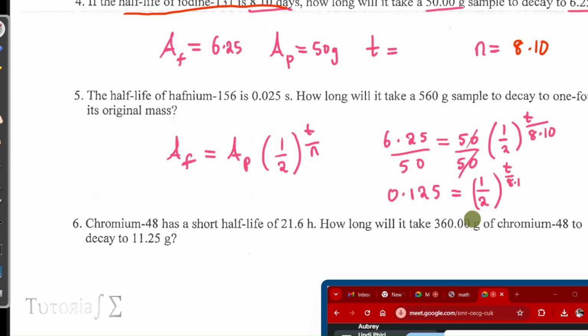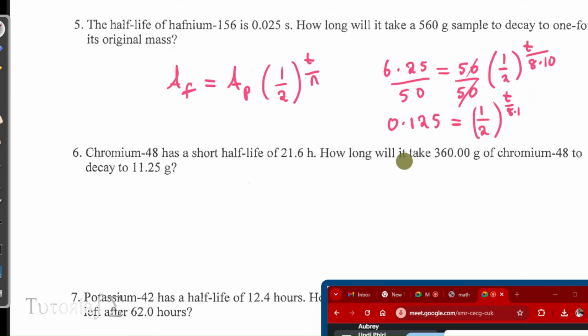Now, how do you think we're going to get this t down? How can we get the t down? There is a logarithmic property. I'm not sure if you've done logarithms, but you have log of a number raised to a particular power.